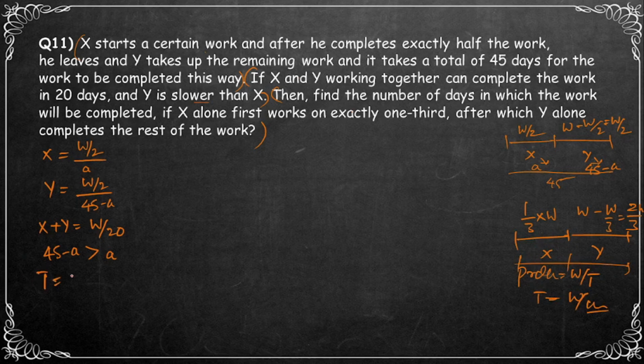Time taken by x is equal to work divided by productivity. Productivity is x, work is W by 3. So W by 3 divided by x, plus time taken by y, which is nothing but work 2 by 3 of W, divided by productivity y.